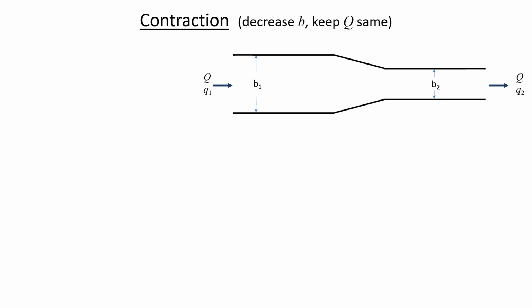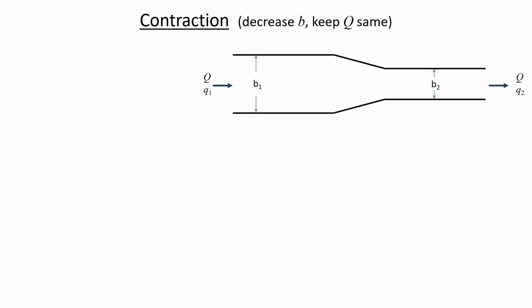So we briefly talked about contractions on Friday. That's when we've got water flowing through a channel, but the channel gets narrower. And what happens when there's a contraction is that the same flow rate, large Q, is flowing through a narrower channel, so the flow per unit width, lowercase q, increases. Because flow per unit width, remember, lowercase q, is big Q divided by the width of the channel.